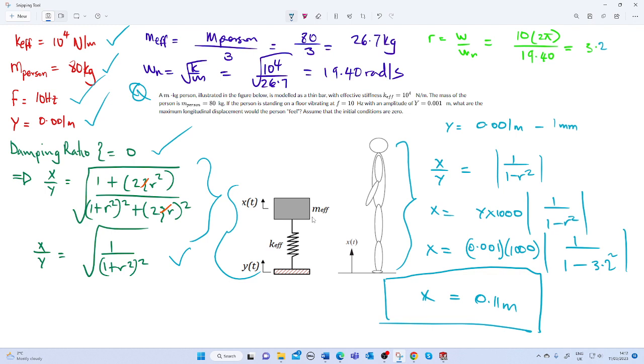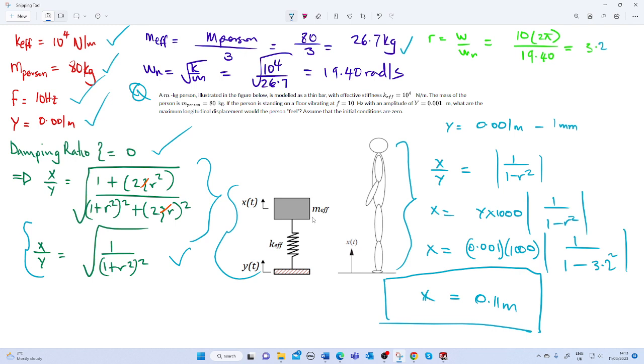Now that our equation eventually becomes this, we can find the effective mass of the person. By using the equation effective mass equals the given mass over 3, that gives us 80 over 3, which is 26.7 kilograms.